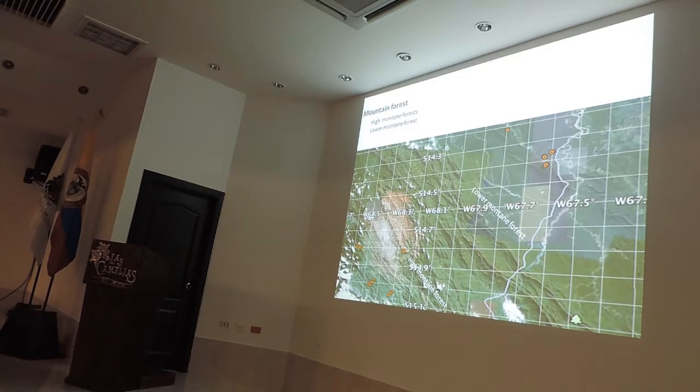If we had made transects all along the slopes, we could have seen the same decline in species from the lowlands up to the higher areas.